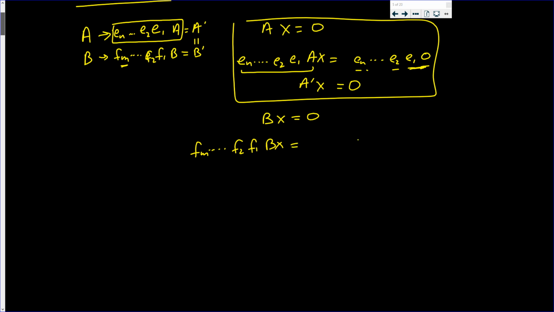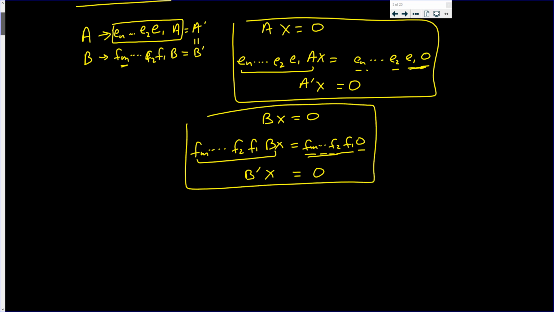And of course, you have to do the same on the other side: F1, F2, up to Fm. So now this becomes B prime times X. And this equals, well, you multiply those, you get a matrix, and then you multiply by 0, you get another matrix, better known as the 0 matrix.